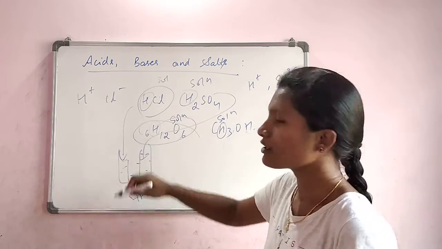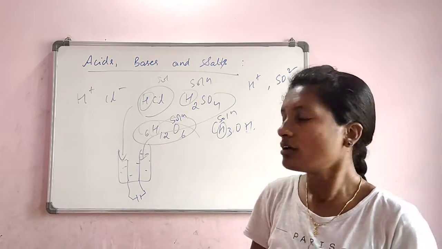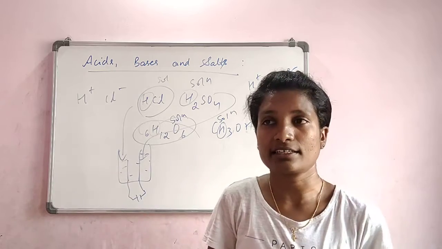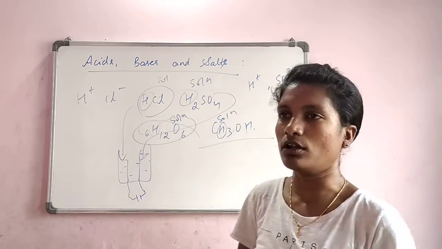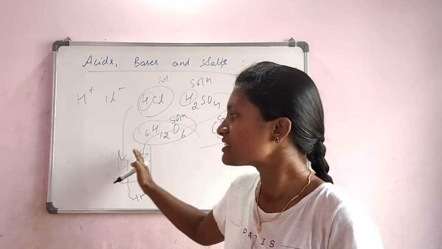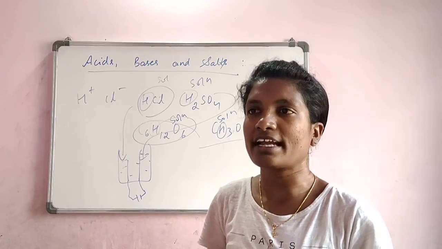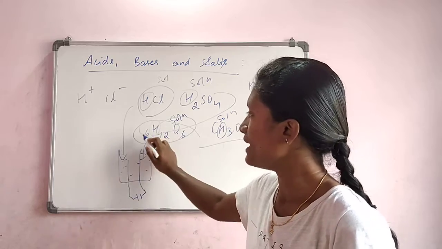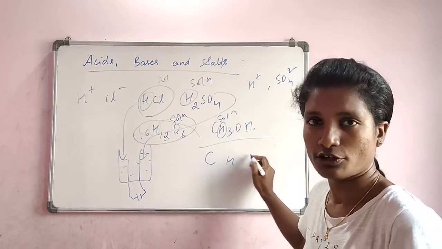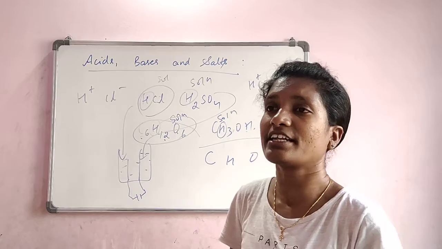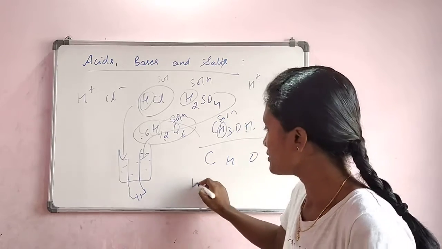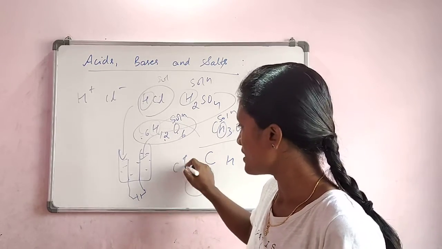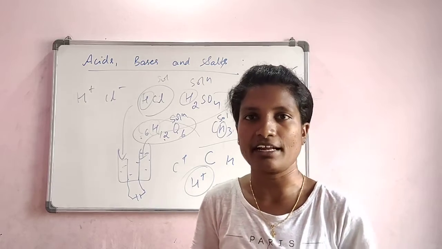Whereas when you take glucose as a solution, it doesn't conduct electricity. Same with the alcohol. The reason being, these compounds will not get decomposed into ionic states. These elements, that is carbon, hydrogen and oxygen, will not get decomposed into ions, meaning H plus ions, C plus or C minus ions are not generated.